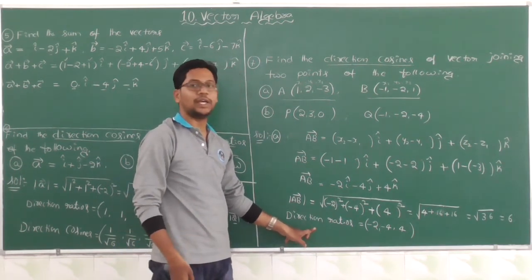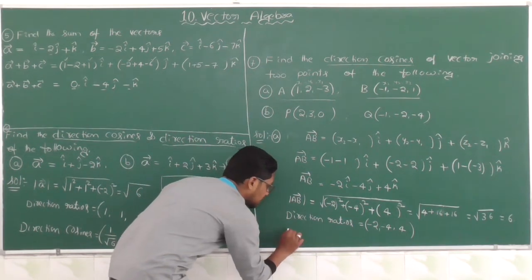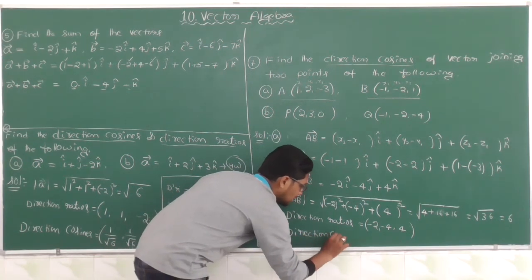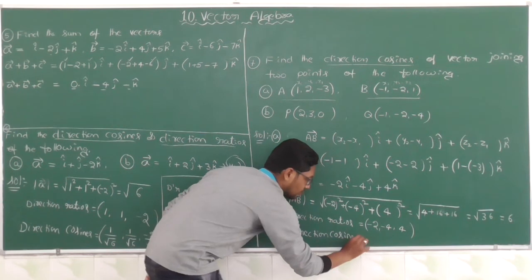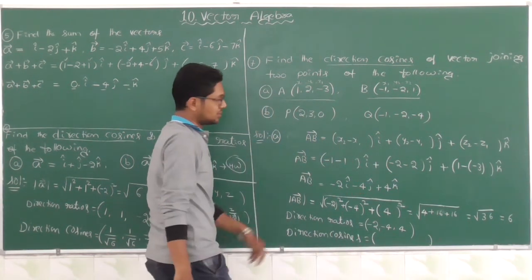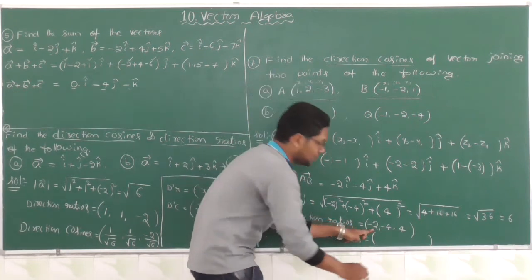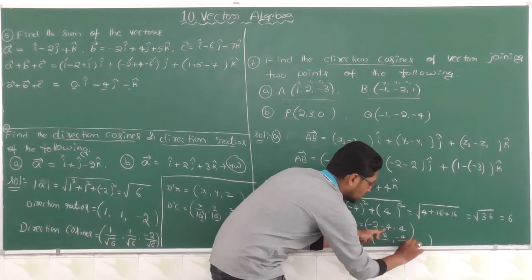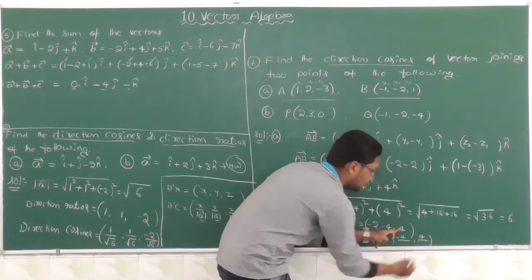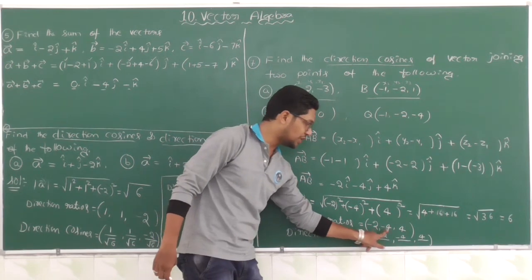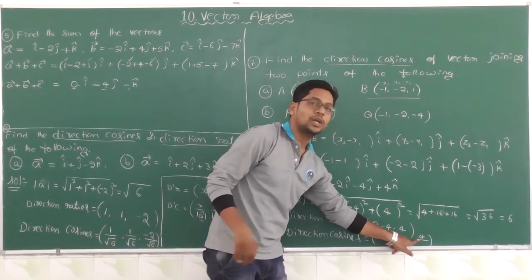We have to find direction cosines. How to find direction cosines? Direction ratios minus 2, minus 4, 4, each divided by the magnitude.